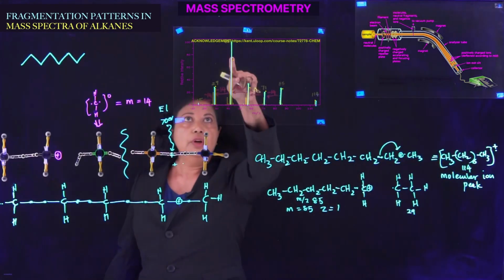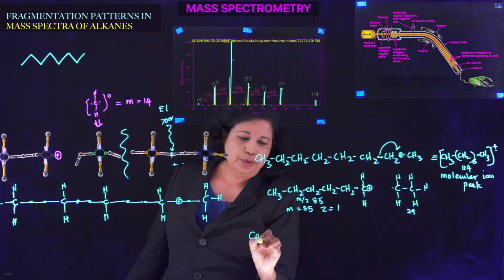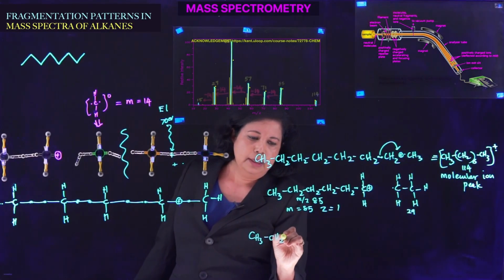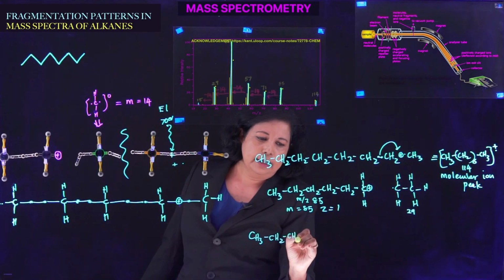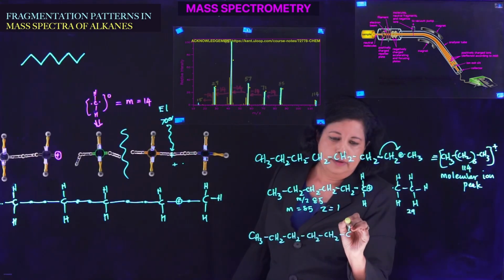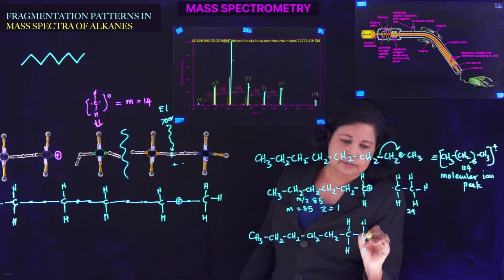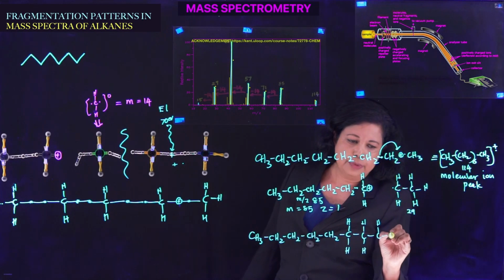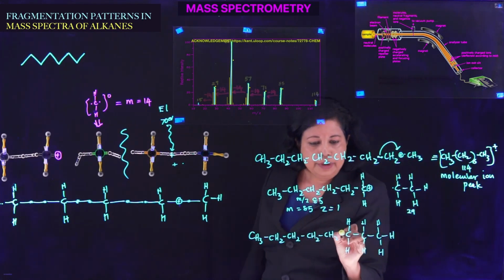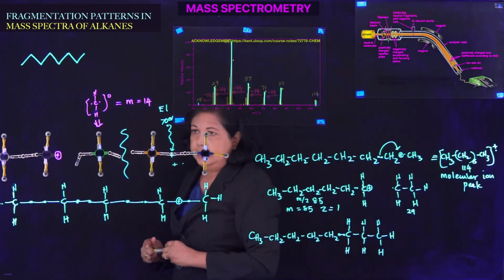So let's say you have a molecule like this, CH3, CH2, CH2, and over here a 3-carbon fragment. You could imagine this could be something very similar to this.